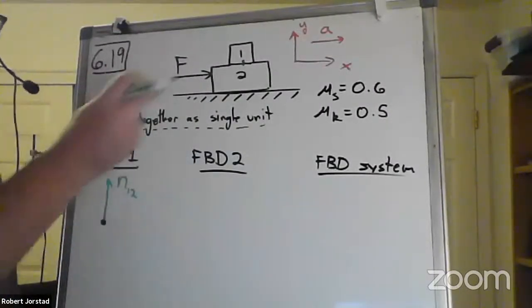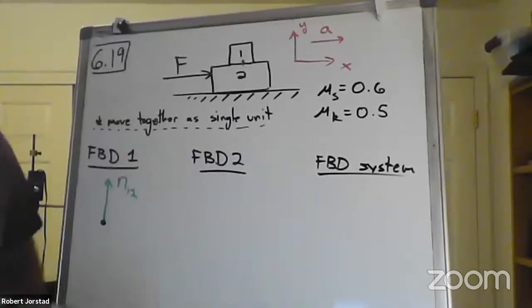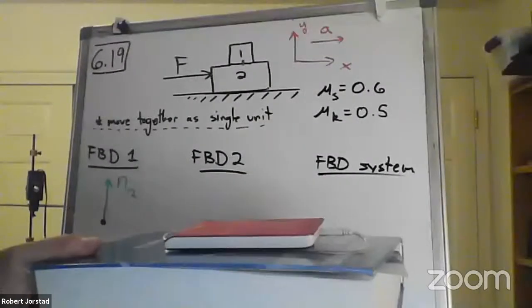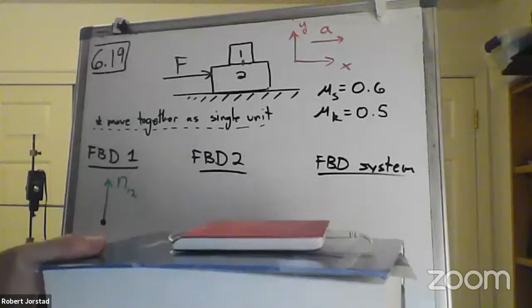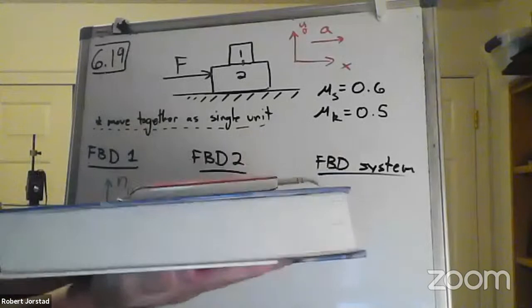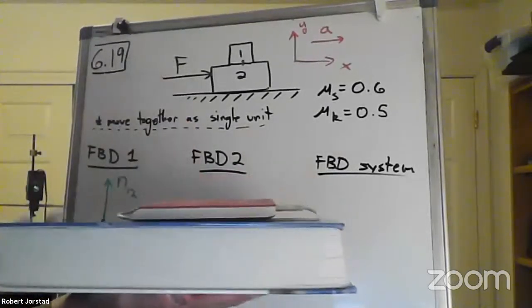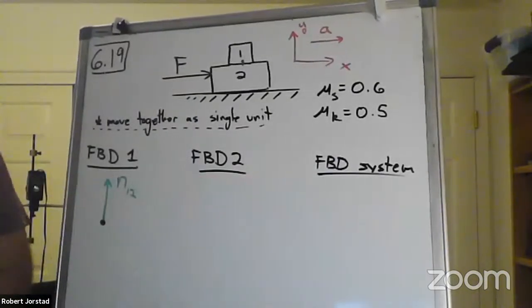Would there still be an actual normal force upwards besides the N1 on 2? No, that's it. What's holding up block 1? The book. Right? The normal force between the book and this drive is what's holding it up. Not my hand. I'm holding up the book. The book is holding up the drive. That's why I'm going to call it N12. Is that cool?